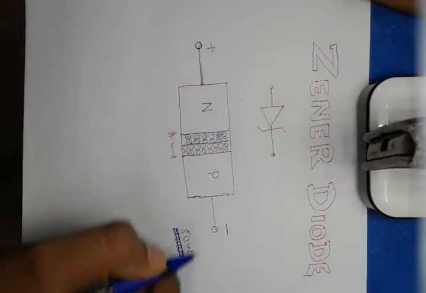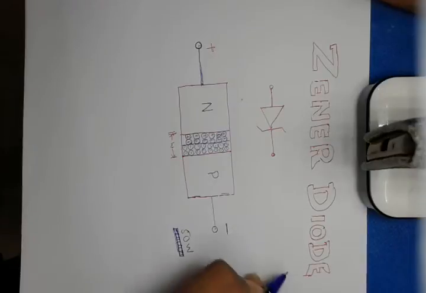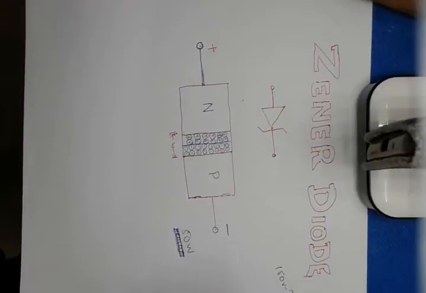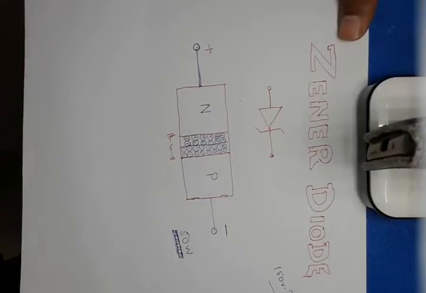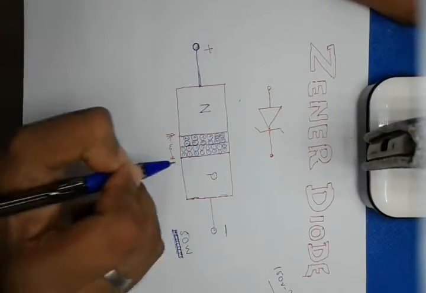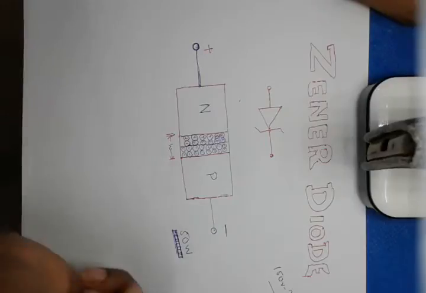For a usual diode, at least 100 to 150 volts is required as the Zener breakdown point. But for the Zener diode, we do not need that much.